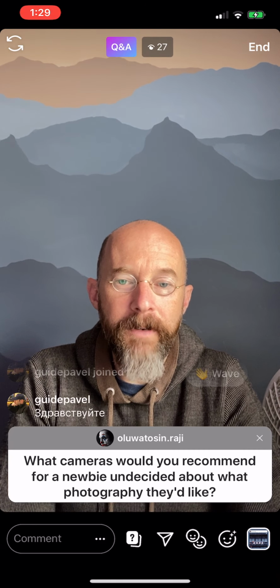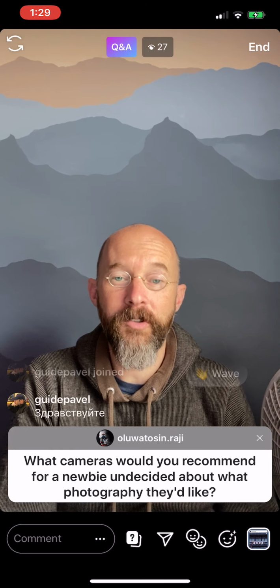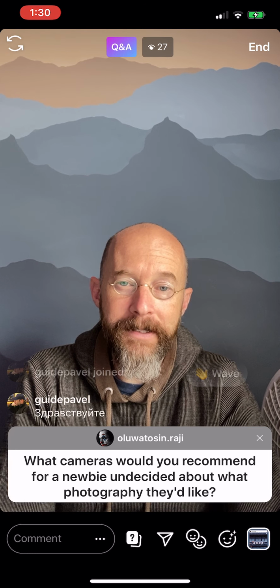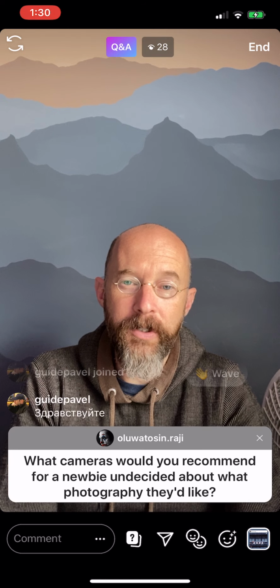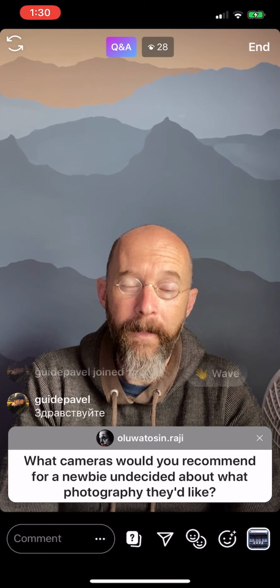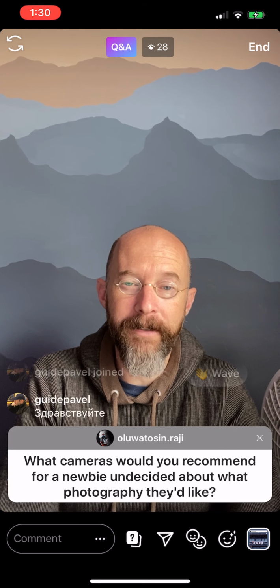What cameras would you recommend for a newbie undecided about what photography they'd like? Excellent question. I suggest the Fujifilm X-T100. Now, I think they have the X-T200 out now. However, if you're wanting an even better deal, the X-T100 was actually really good.